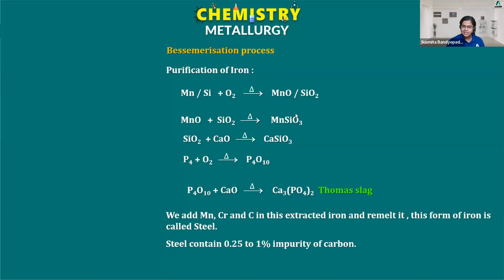So we should basically add manganese and chromium into it and remelt it. And this form of iron is known as steel. So you should know in steel, you should have Fe, carbon, chromium, manganese.